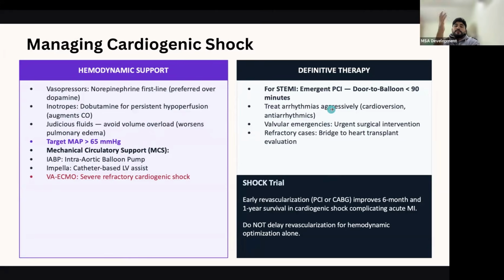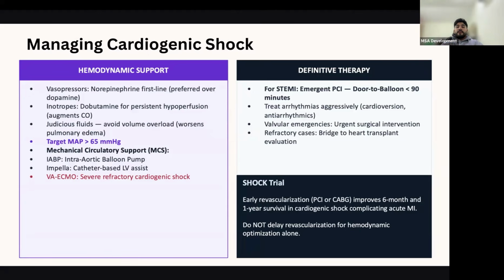Definitive therapy is, of course, we want to treat the STEMI. So you need to do an emergency PCI, and you have the timing from door to balloon, insertion of the balloon, and freeing the coronary blockade, of up to 90 minutes. If they're having any sort of arrhythmia, you need to treat the arrhythmia.